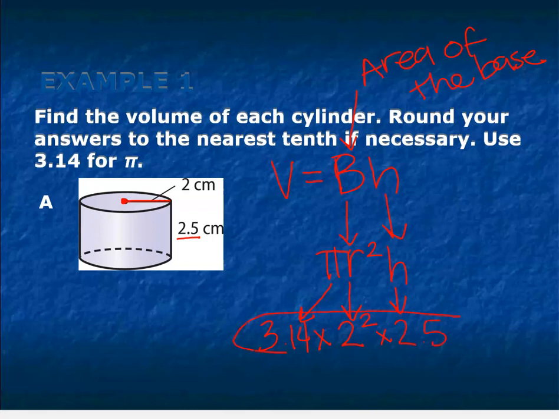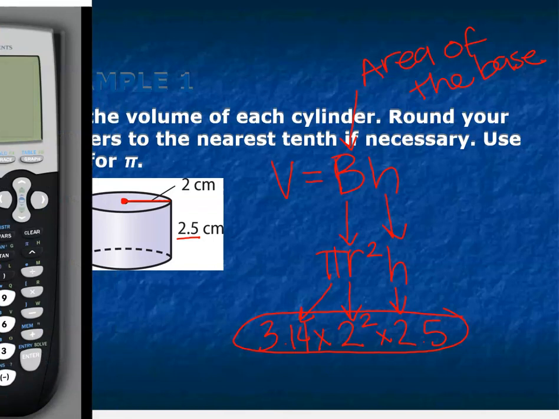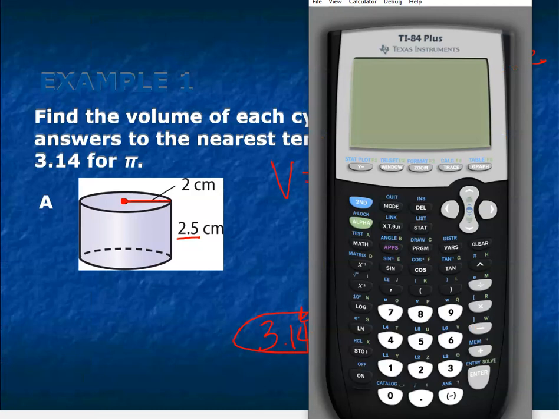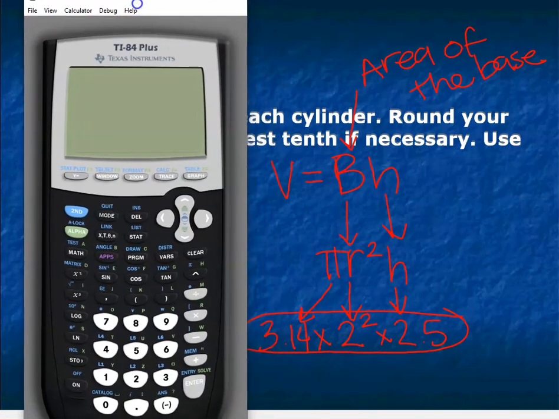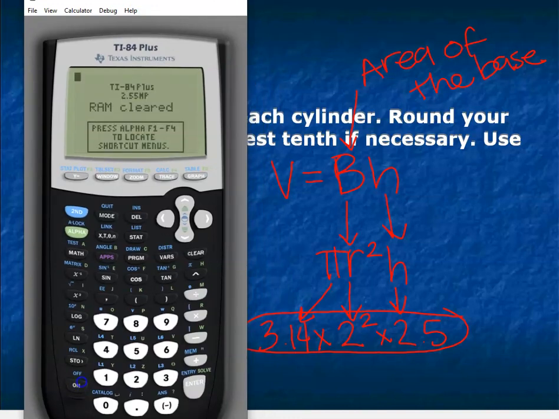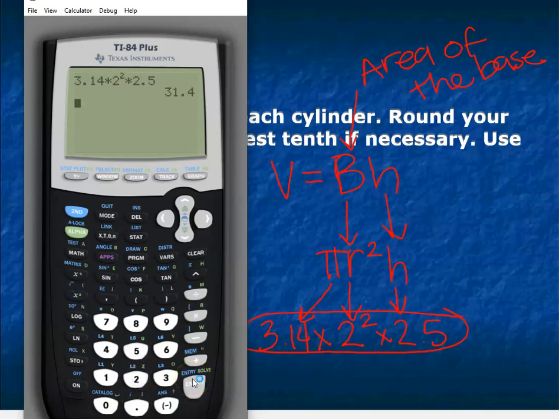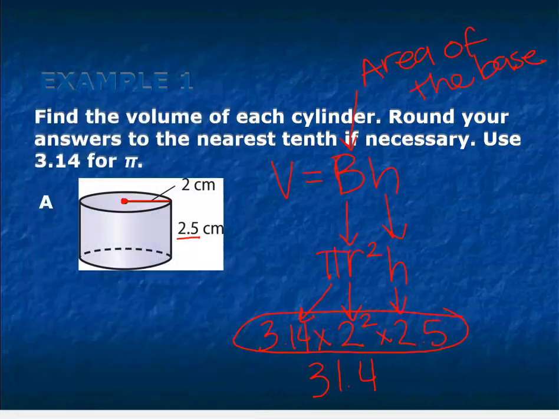Then all you have to do is put all of this on the calculator. 3.14 times 2 squared times 2.5. Enter. The volume of this cylinder is 31.4.